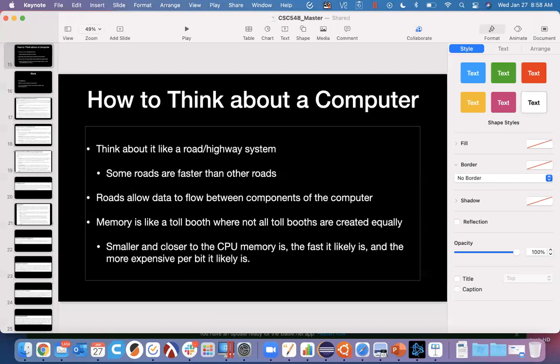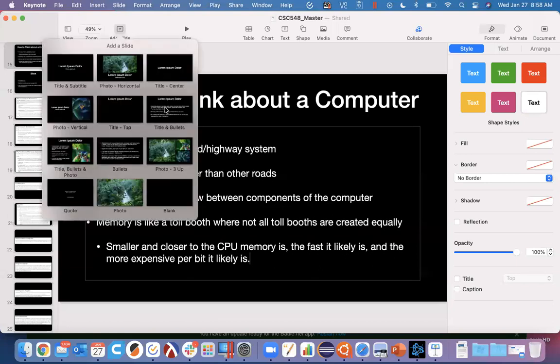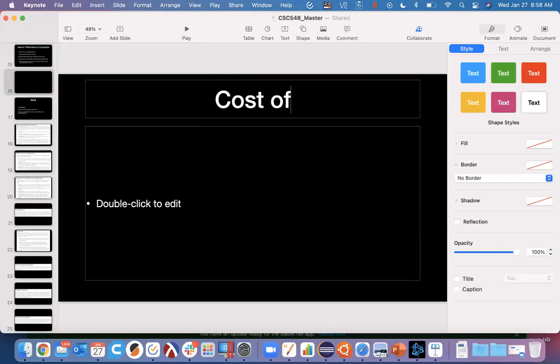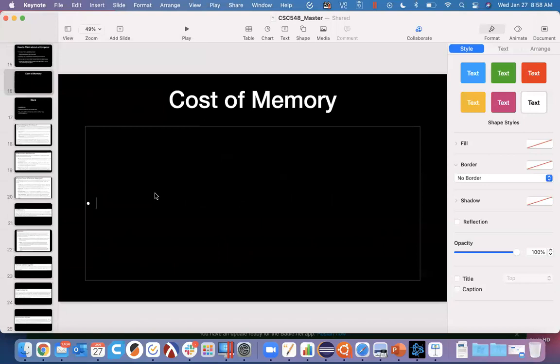All right, so what does this ultimately mean for the cost of memory? Our cheapest form of storage in our computer is our hard drive, followed by system memory, followed by cache memory.